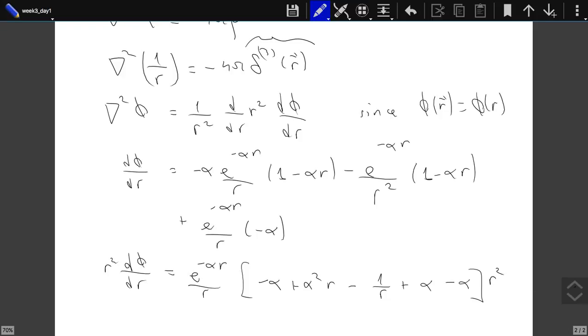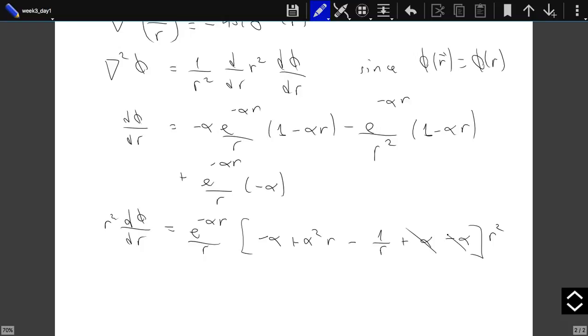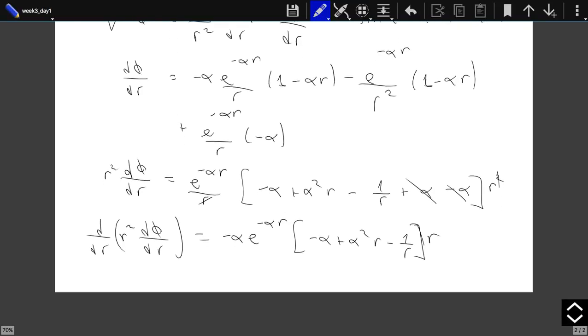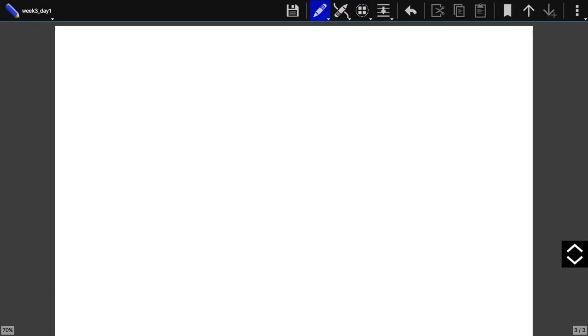Multiplied by r squared. So we have some cancellations. So this r also cancels. This r, let's take its derivative. Okay, so this will be minus alpha times e to the power minus alpha r, minus alpha plus alpha squared r minus 1 over r, times r. This is the derivative of the exponent.